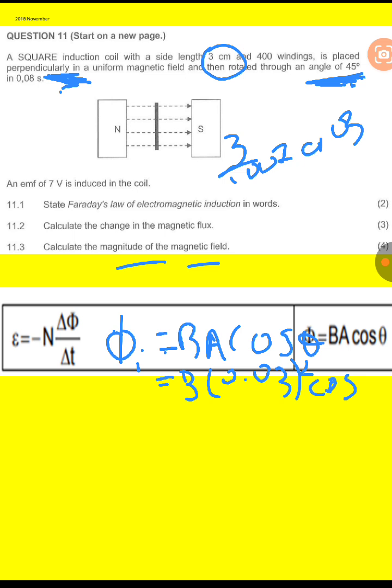Initially, it was placed perpendicular, but is this a normal perpendicular? I don't see the word axis, and I don't see the word normal. I don't see either of these two, which means this is not the normal perpendicular. And if it is not the normal perpendicular, the angle theta is equal to what? 0 degrees there.